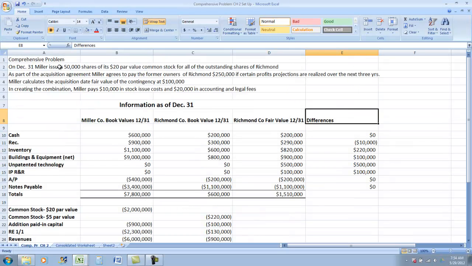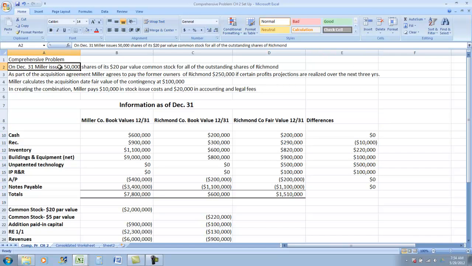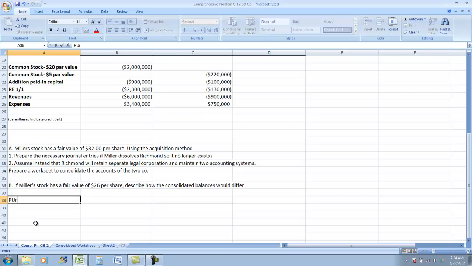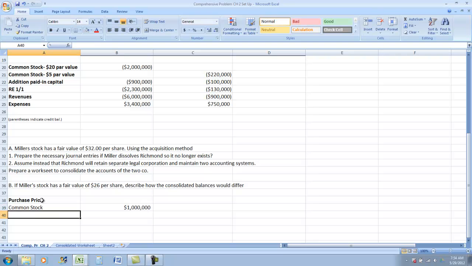So it says that Miller issues 50,000 shares of $20 par value, $32 fair value stock. So purchase price: common stock equals 50,000 shares times $20, and then additional paid in capital.